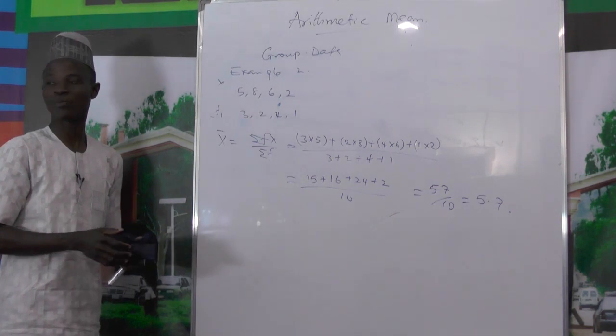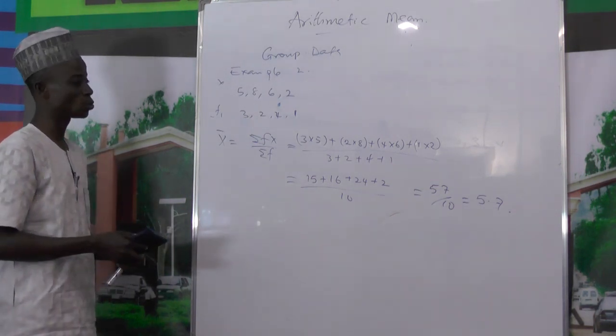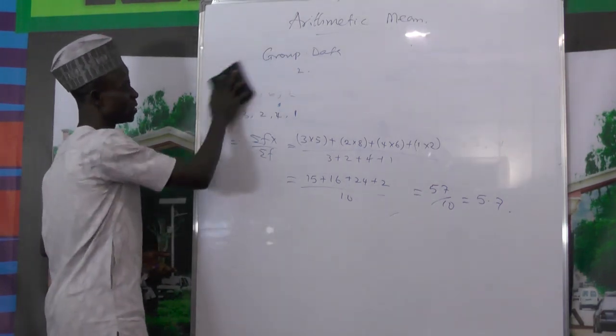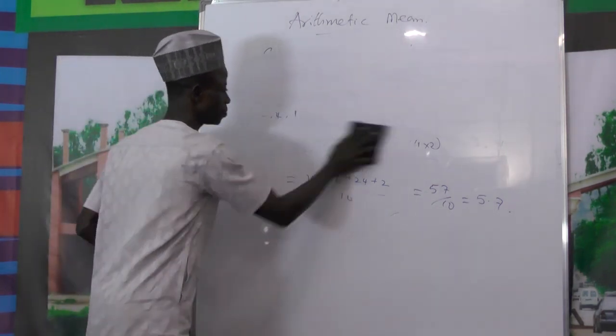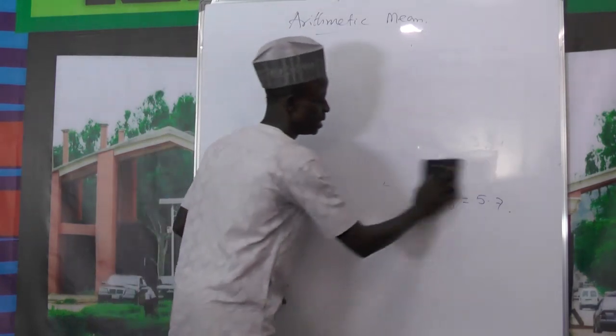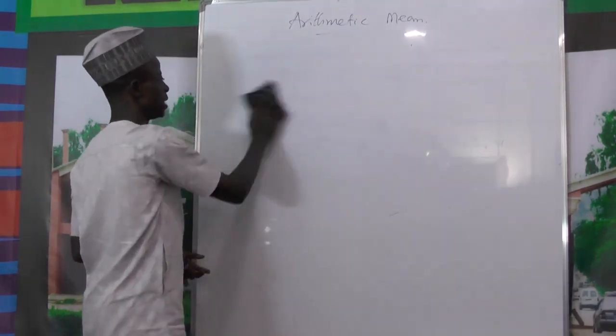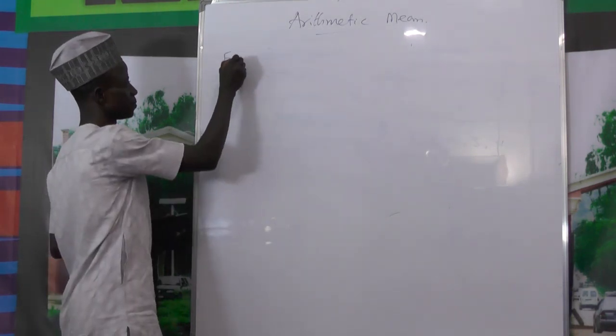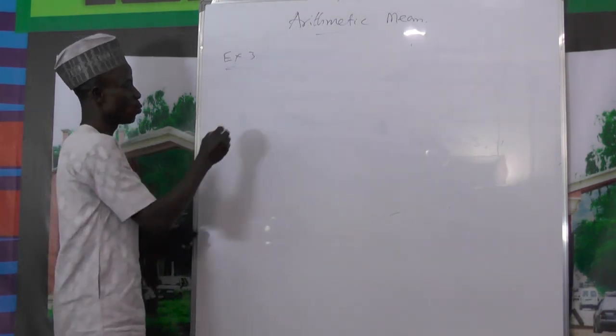There is another example that we can also use, which we can call example 3. A set of observations can be given in tabular form with the respective frequency.